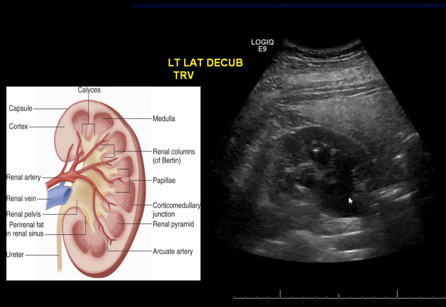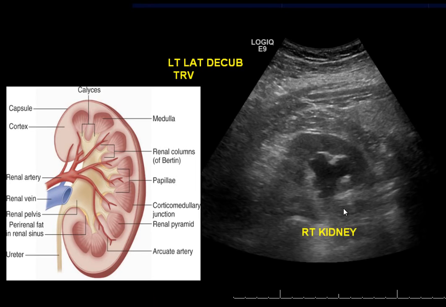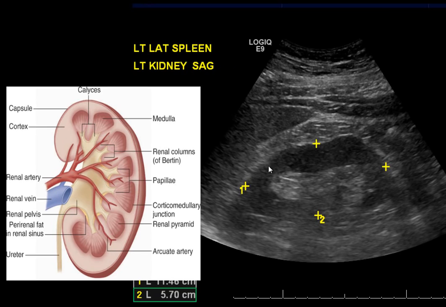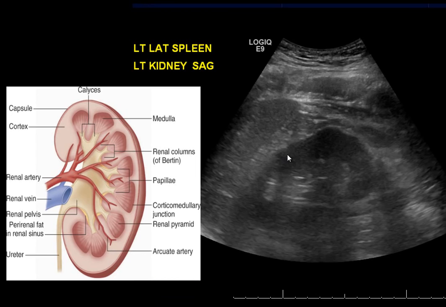So here's the anechoic collecting system, calyces, infundibula, renal pelvis, calyces, infundibula, and renal pelvis. In contrast, here is his normal left kidney with a nice compact central sinus and no evidence of hydro on the left. So this is the spleen.